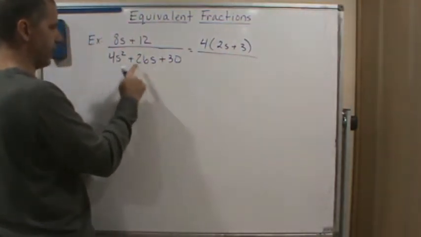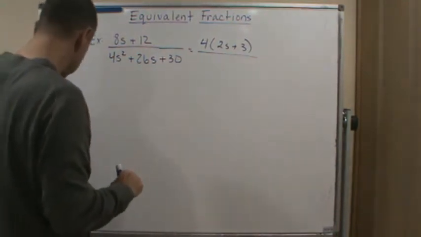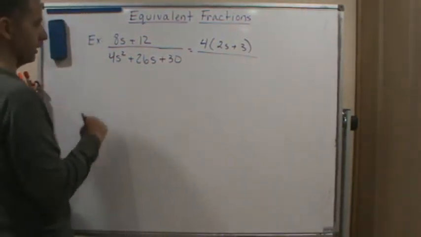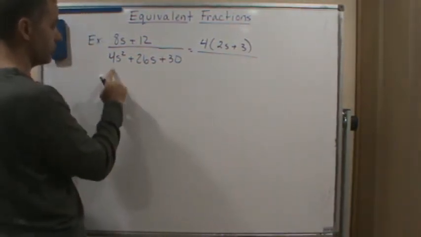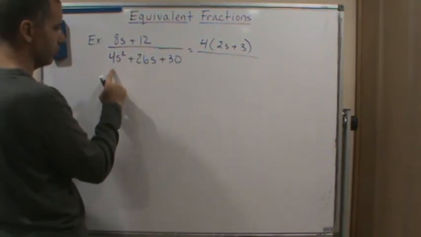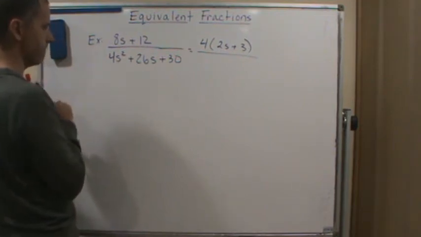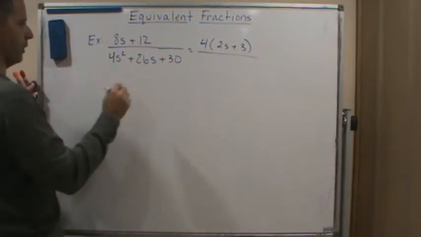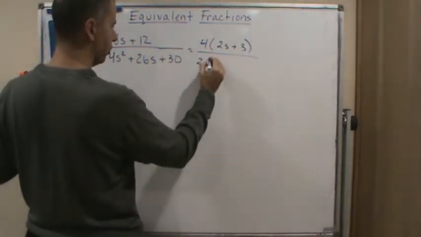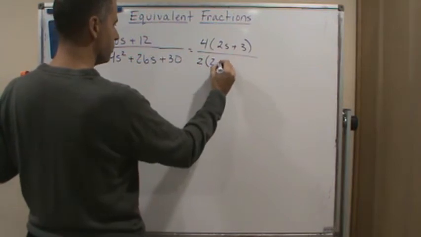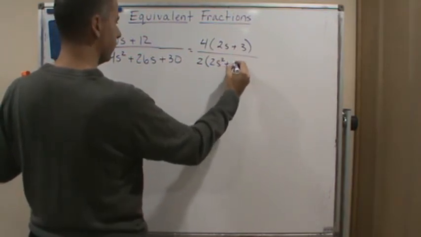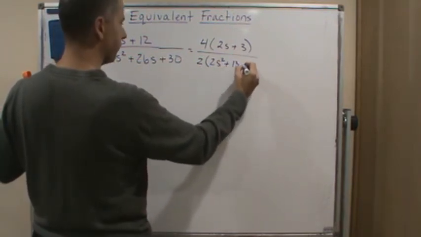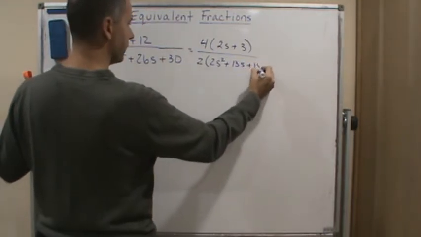And the greatest common factor on the bottom is, let's see, it looks like it's just 2. So we're going to have 2 times (2s squared plus 13s plus 15).